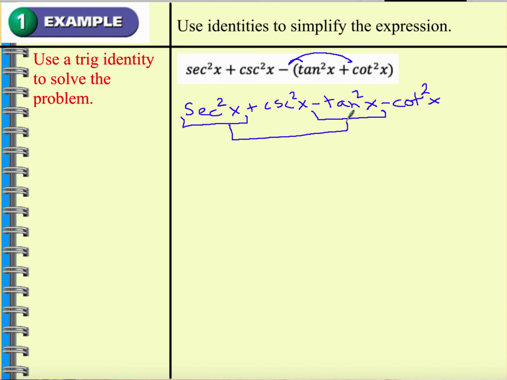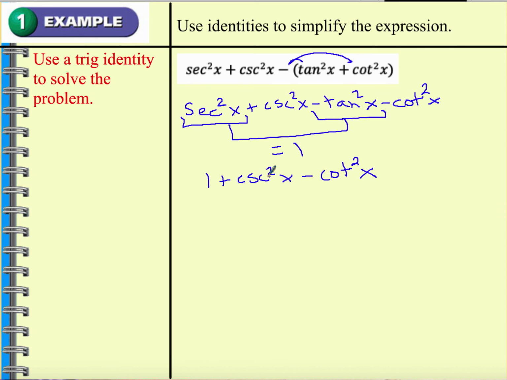Together, we know that those equal 1, right? So I've got 1 plus cosecant squared minus cotangent squared. Where did my secant squared and negative tangent squared go? I replaced them with a positive 1. That's the substitution of the Pythagorean identity.